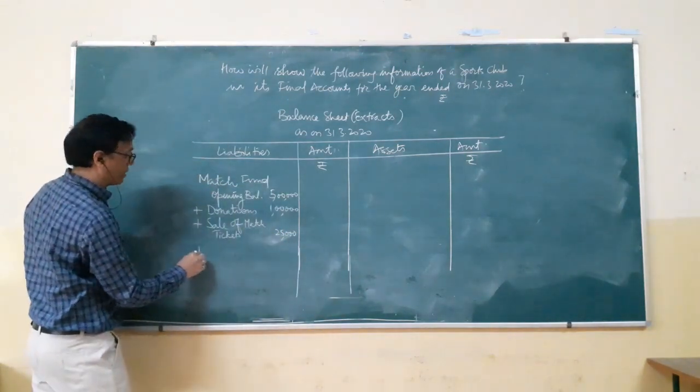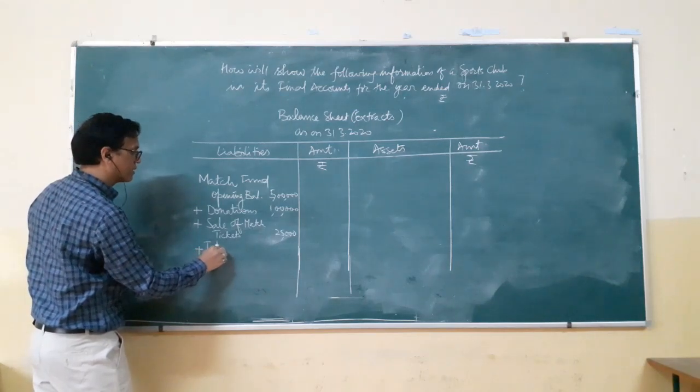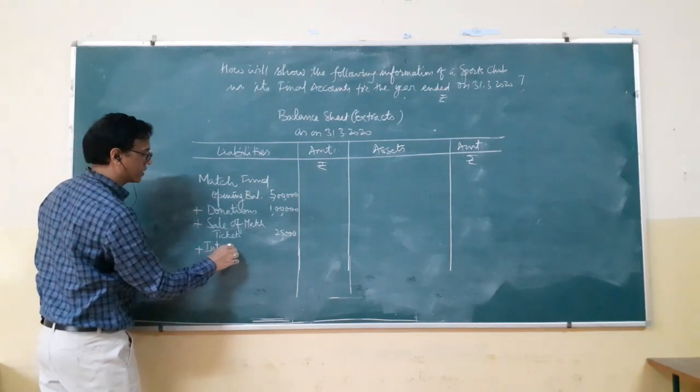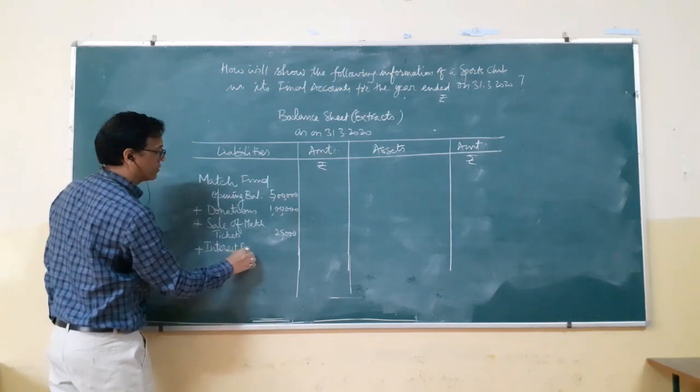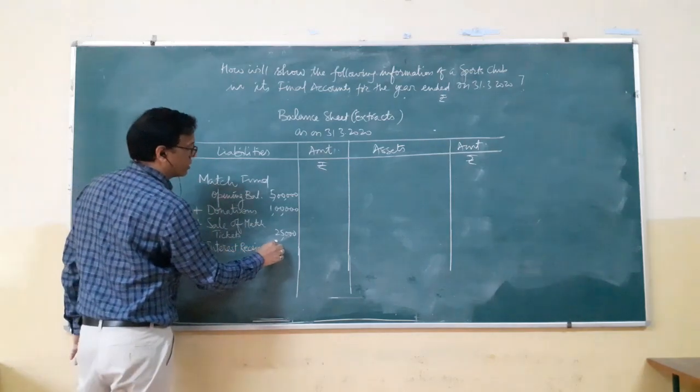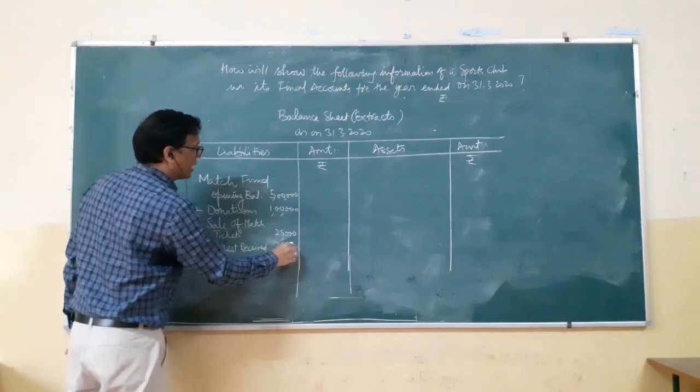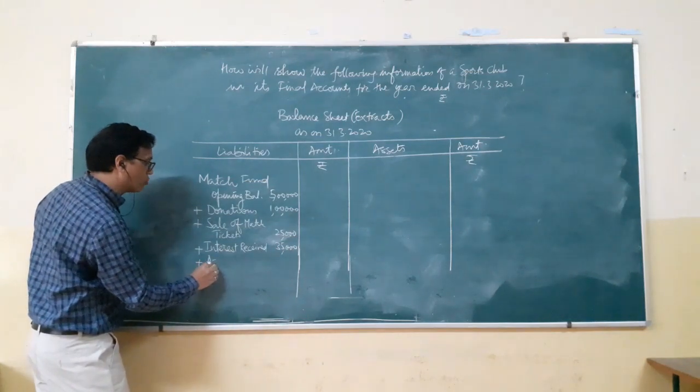Then plus interest received from match fund investment 35,000 rupees and 15,000 is accrued interest.